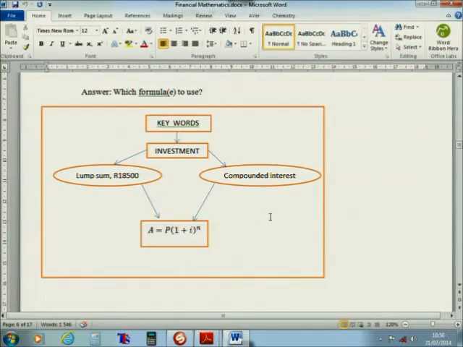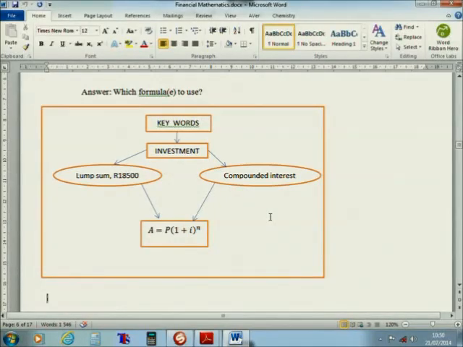Now we have gone through the several stages that we have to do when dealing with the notes, to underline or highlight the key words or key phrases. The key phrases that we find there are all about investment, the lump sum, and the compounded interest. The one is compounded yearly, the other half yearly, quarterly, and monthly, respectively.